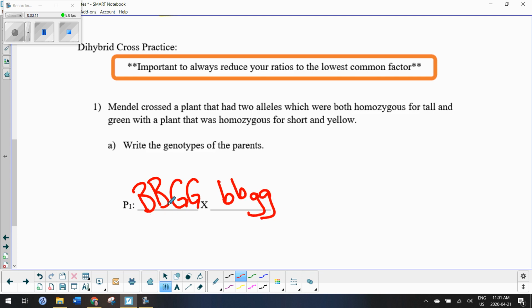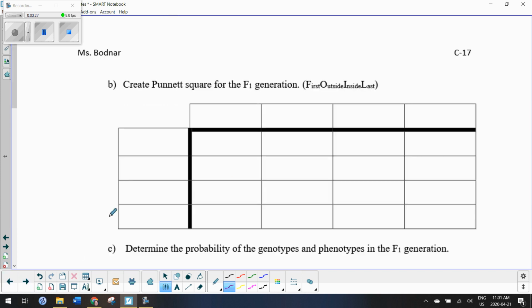This is representing one gene, and this is your other gene. So you have one allele, two allele, one allele, two allele. So we had big B, big B, big G, big G, crossed with little b, little b, little g, little g.